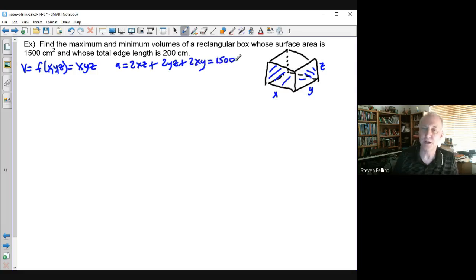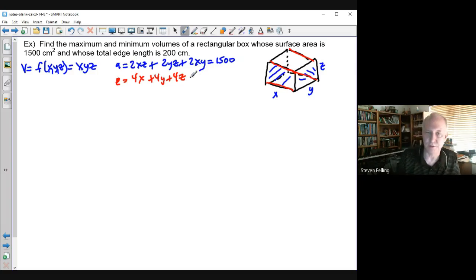Okay, and then I have another constraint, which is the edge length. So the edge length are all these edges. So if you look at just these x's, there's 1, 2, 3, 4 edges that are of length x. So the edge length, maybe we could call that E. That's going to be equal to 4 lengths of x, but also 4 lengths of y, and also 4 lengths of z, right?